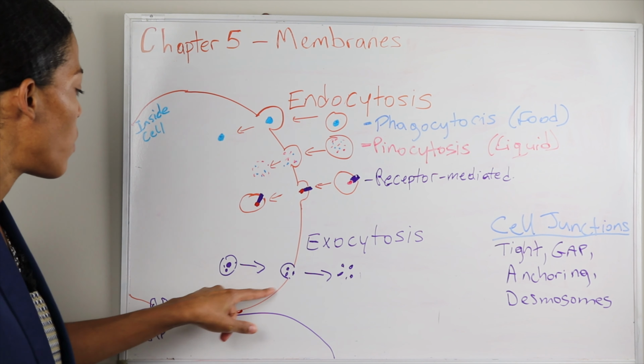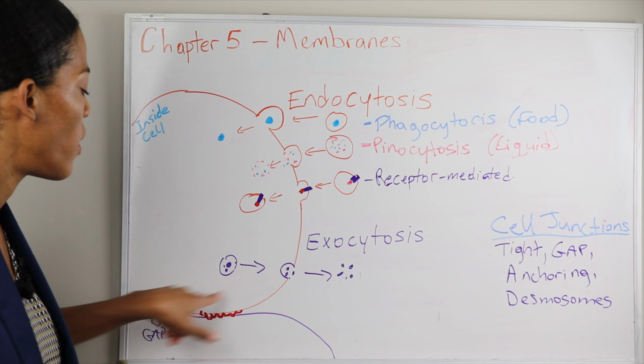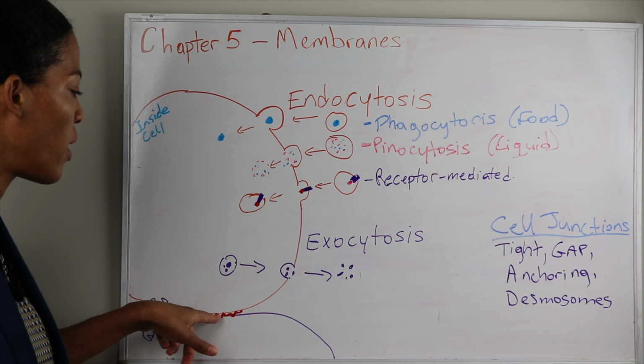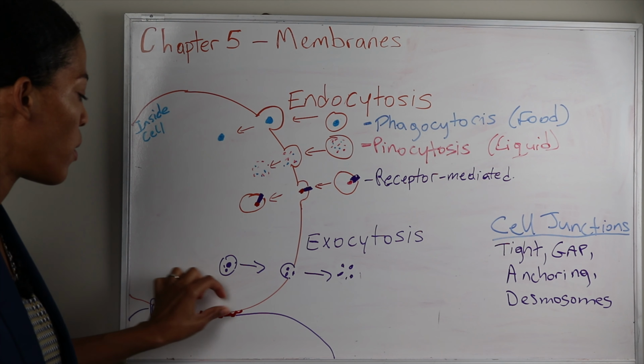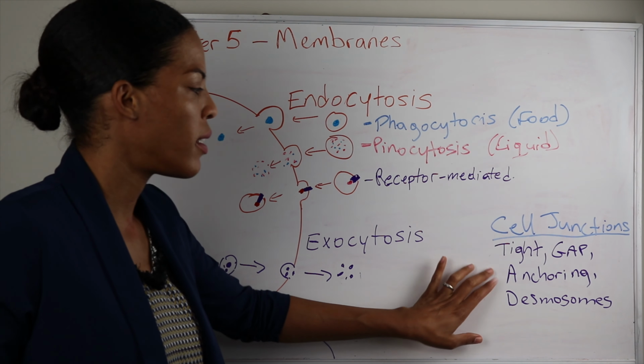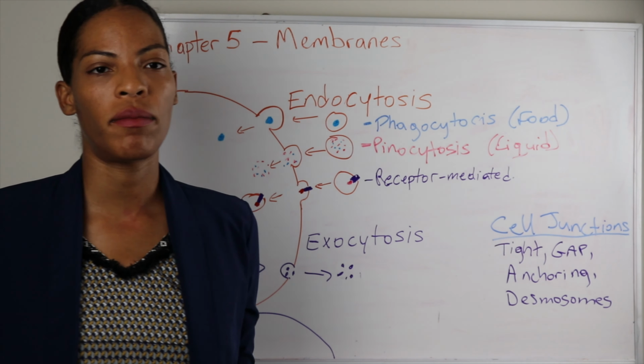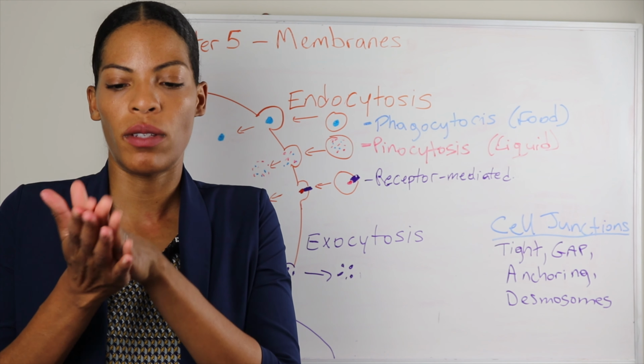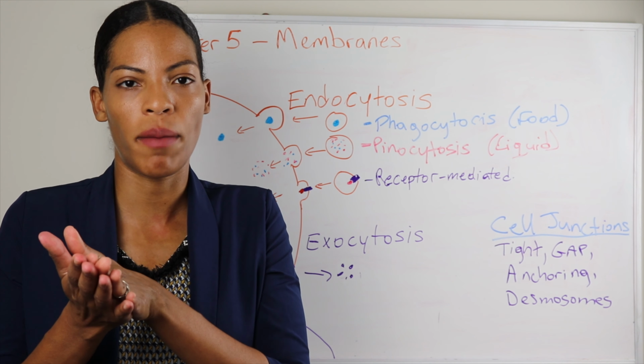And so let's say this is one cell here, and this is part of another cell down here. The tight junctions and the anchoring and desmosomes basically are holding cells together. Anchoring junctions are usually holding the cell to a surface, but they're basically just holding it down, keeping it close to something.